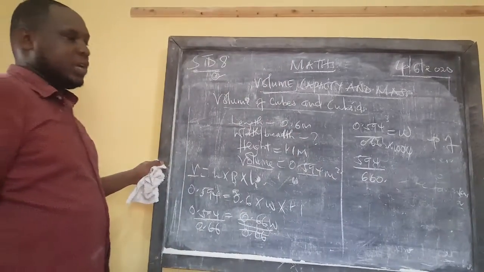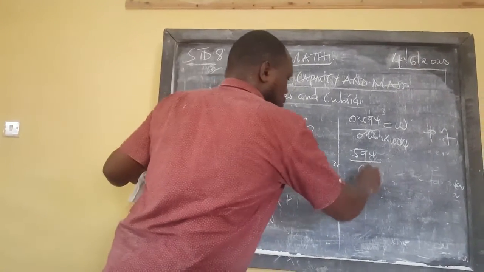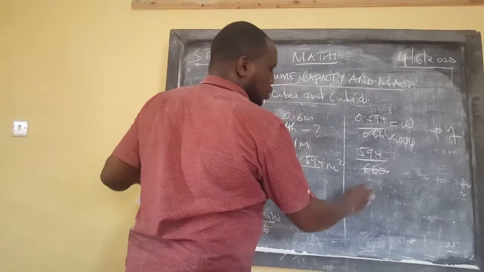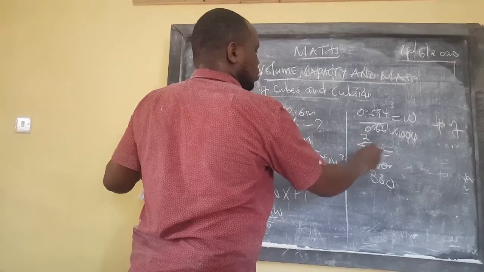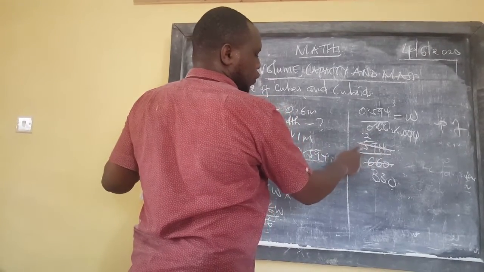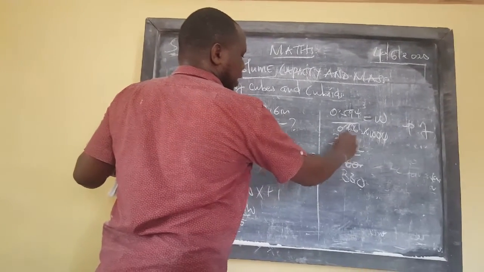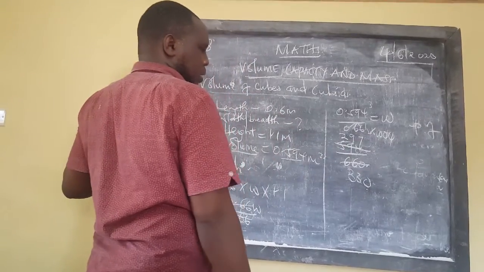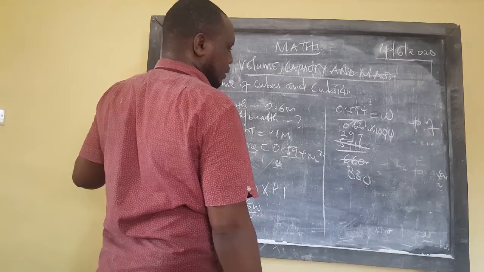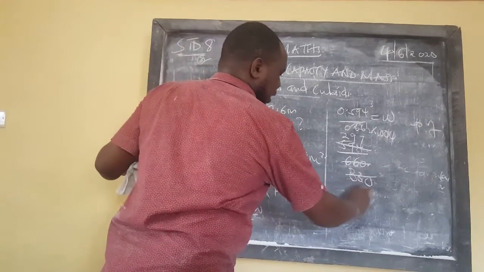So from there, you can simplify. By 2, 330. By 2, 2. For 4, 19. 9 for 18. Then 14, 7. By 3, 11, 110.